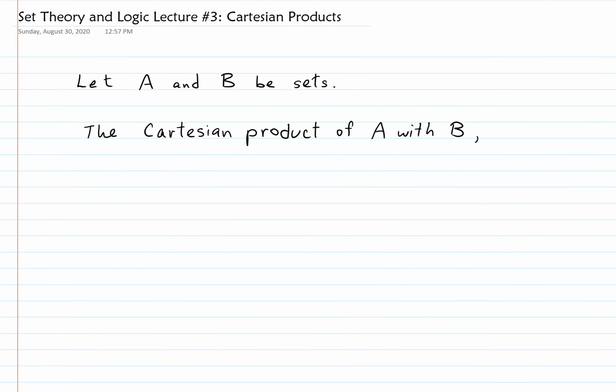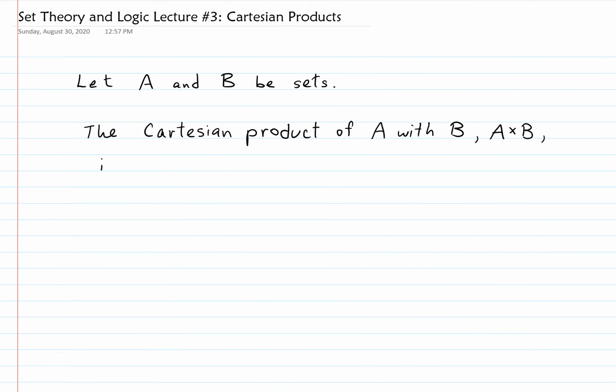okay, which we write this way, A and then an X, B. This is sometimes also called the cross product of A with B. Okay, so what is it?